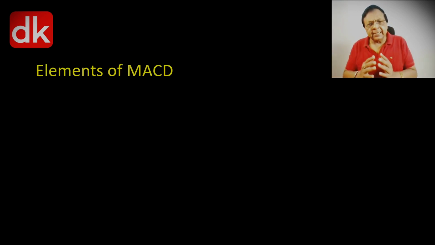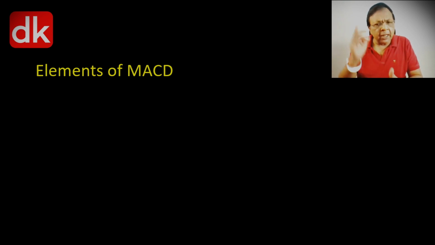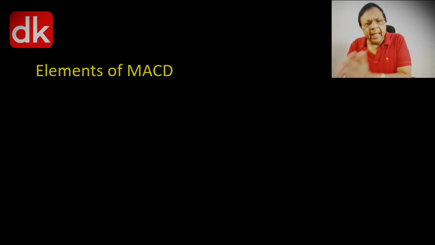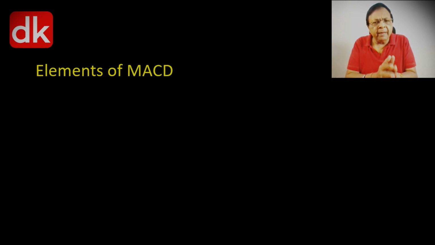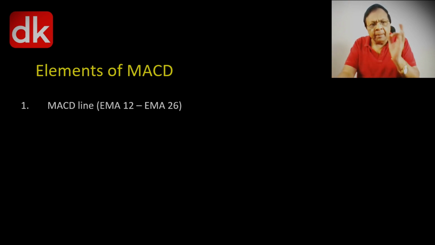Now let us understand the various elements of MACD. When you look at your price chart, MACD has three distinct elements. And what are those? One, just now I have told you about the MACD line. The MACD line is nothing but EMA 12 minus EMA 26. So the first element is the MACD line, showing the relationship between exponential moving average 12 and exponential moving average 26.